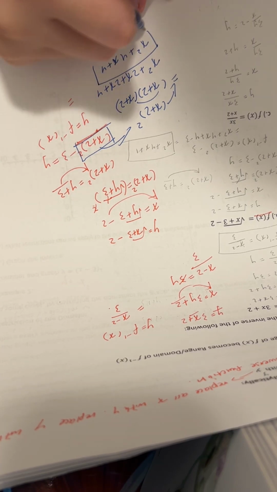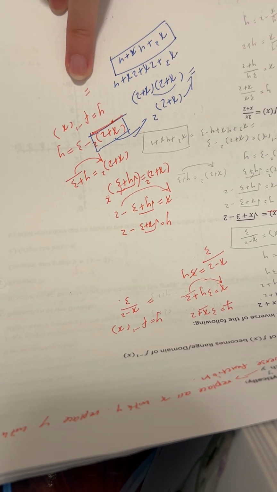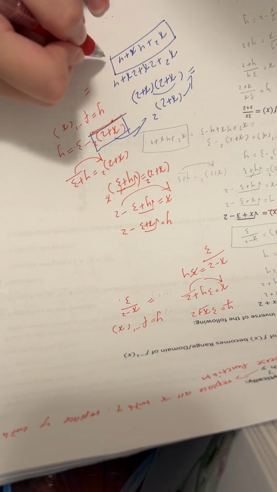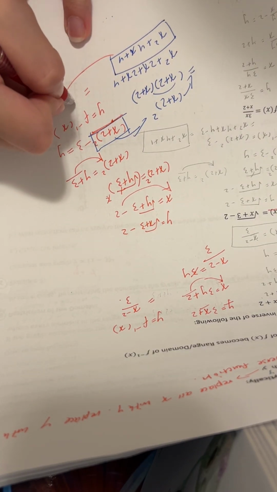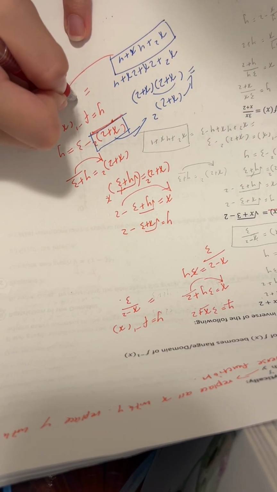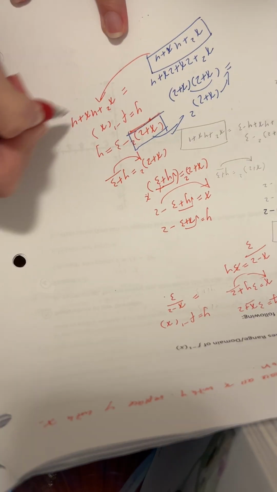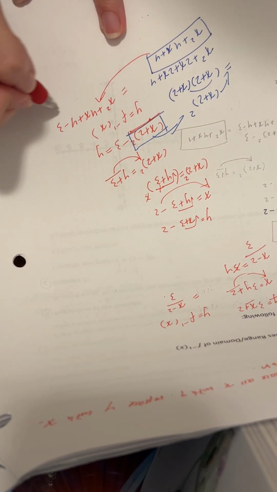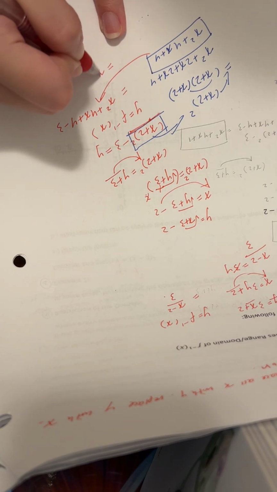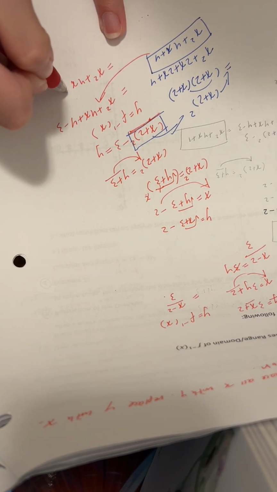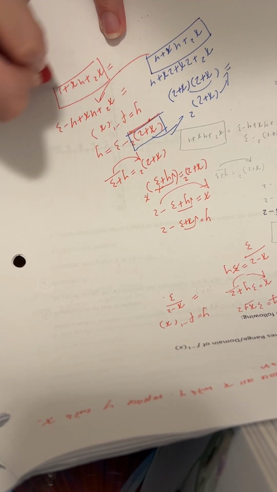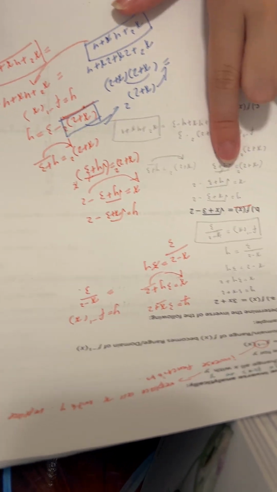All right, so you plug it back in, which equals x squared plus 4x plus 4 minus 3, which equals x squared plus 4x plus 1. That's the final answer for B.